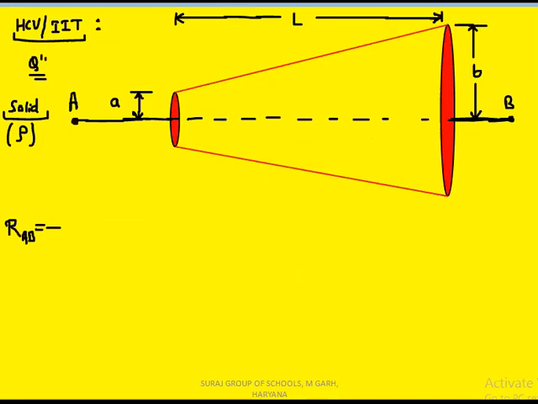Now for the next shape, which is very important, and the question is from class XII and also asked in IIT exams and several other engineering entrance examinations, there is a conical cylinder.